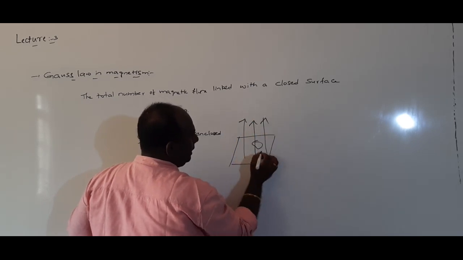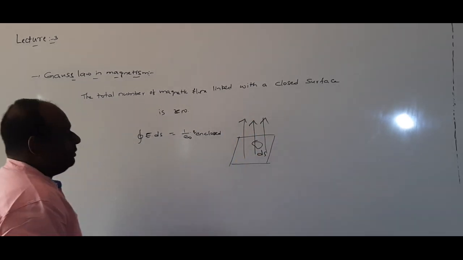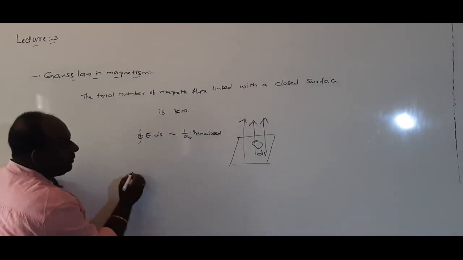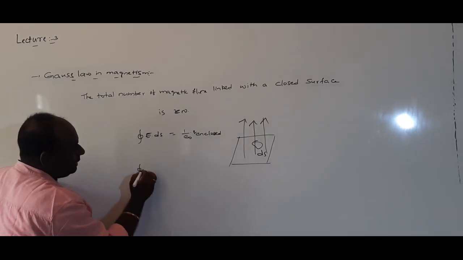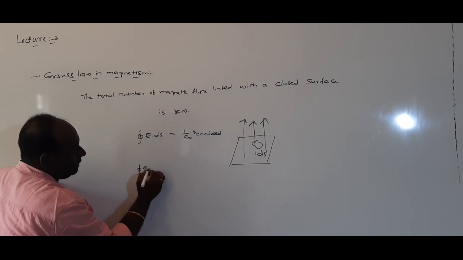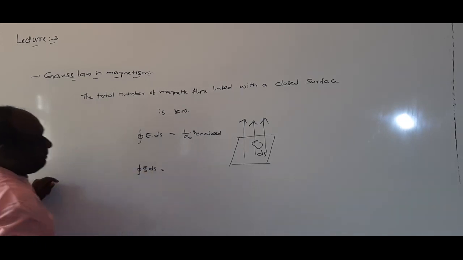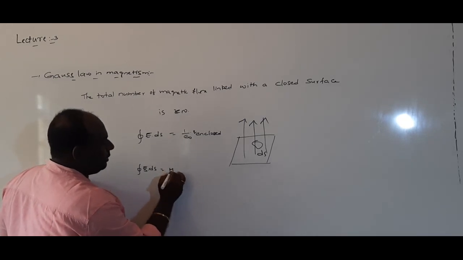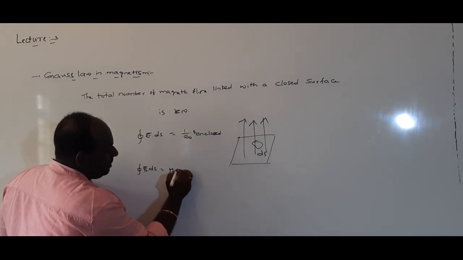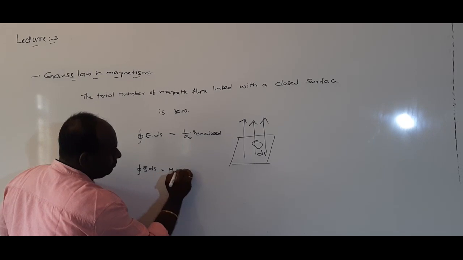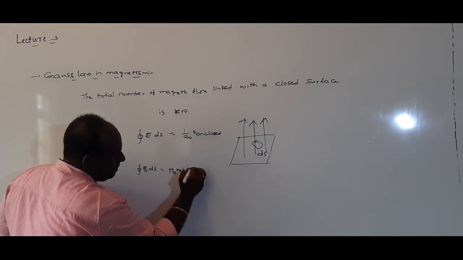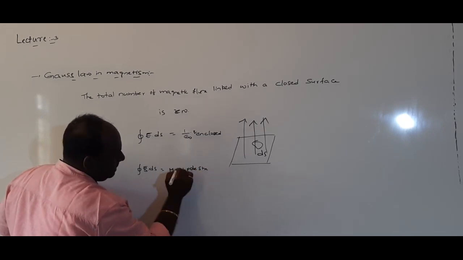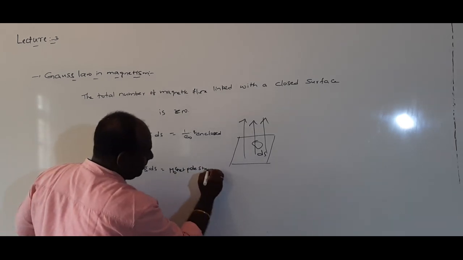I am going to consider an elemental area dS. Now I will write closed integral B bar dot dS bar. Applying the same formula, it would be epsilon naught into net pole strength.